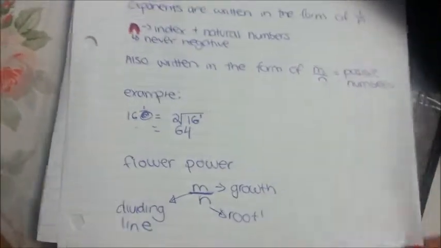Also, let's do some examples. An example could be 8 to the power of 2 over 3. If we're told to change the exponent to radical form and evaluate, this is how we would do it.